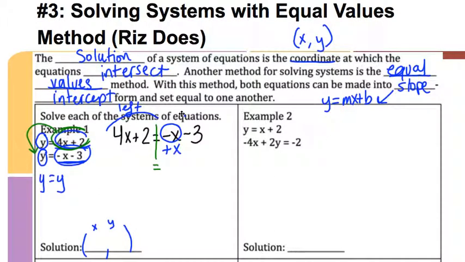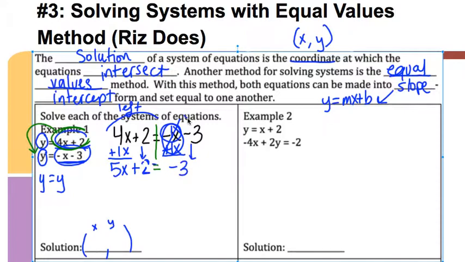I add 1x. Remember, this is like a 1. So I add 1x. This makes a zero pair. So now 4x plus 1x, that's 5x. I bring down the positive 2. So that's plus 2. And then I bring down the negative 3 equals negative 3. So now I've just got 5x plus 2 equals negative 3.